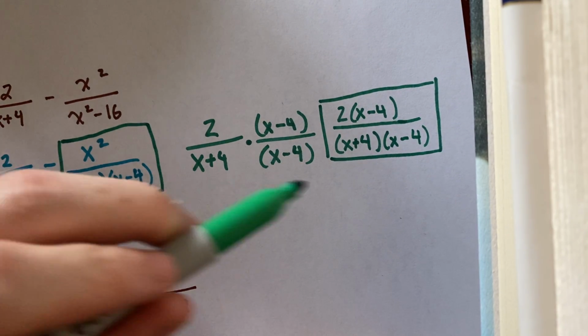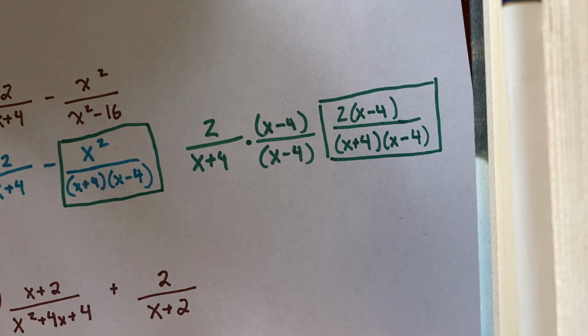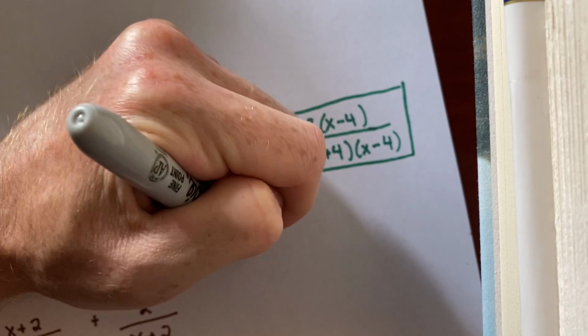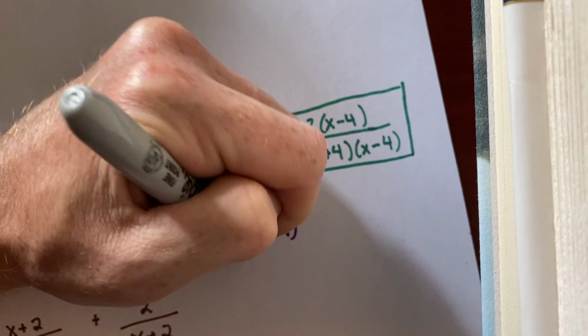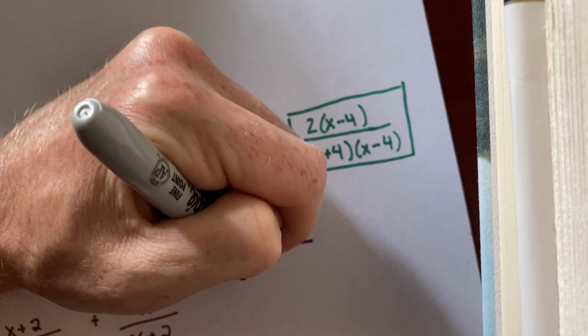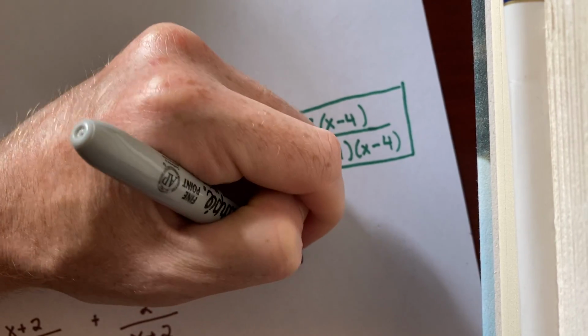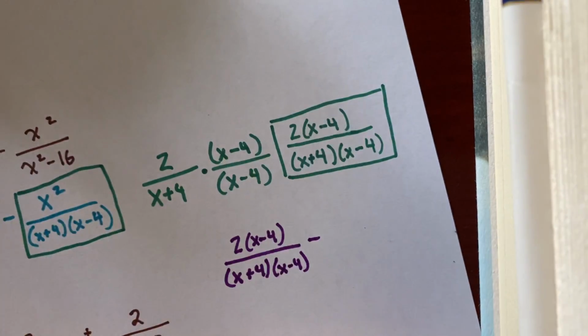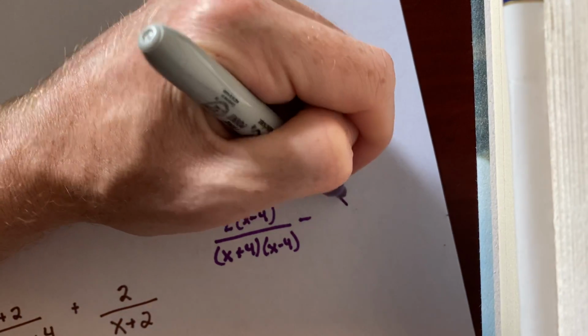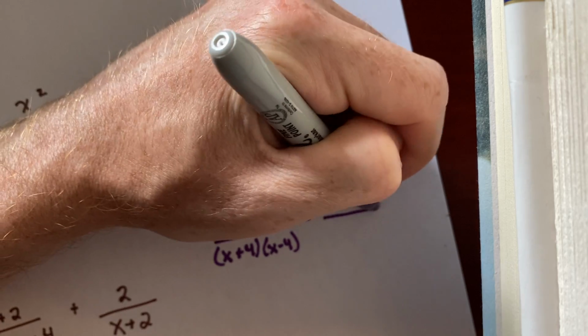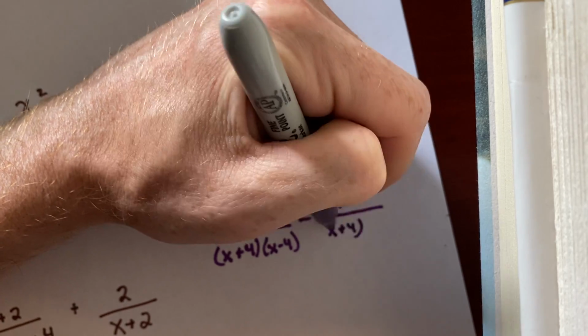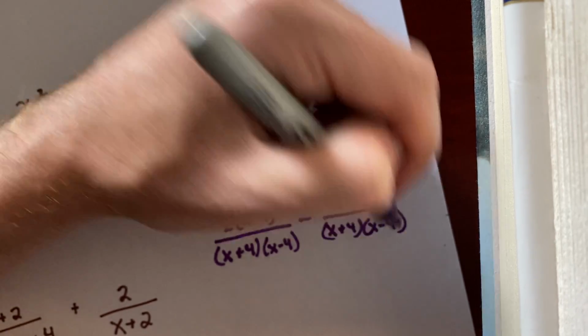If you notice, they have the exact same denominators. So I'm going to come over here and make sure I write it in the correct order. This is going to be on my left-hand side, over x plus 4 and x minus 4, and it's a subtraction problem, and I'm subtracting x squared over x plus 4 and x minus 4.